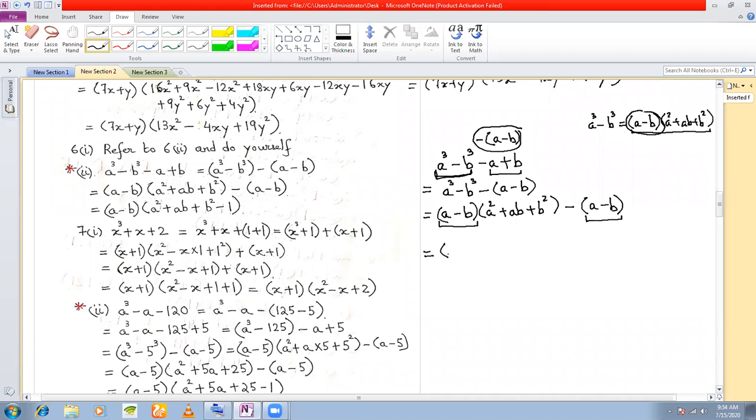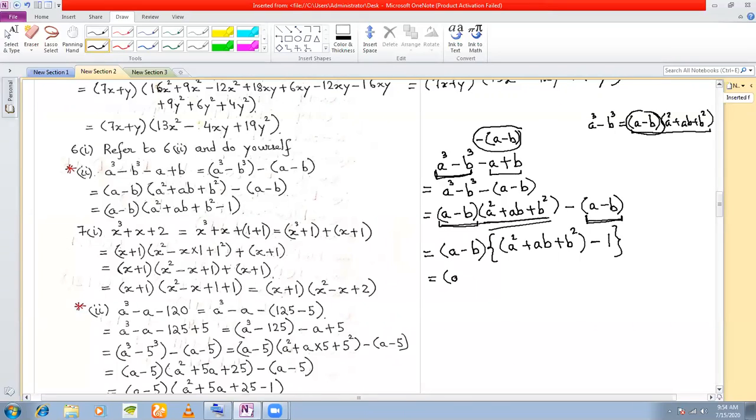So now I'll take a minus b out and I'll get a square plus ab plus b square. If I take a minus b out of these two, I'm getting only this one, a square plus ab plus b square. If I take a minus b out of a minus b, I'll simply get 1, isn't it?